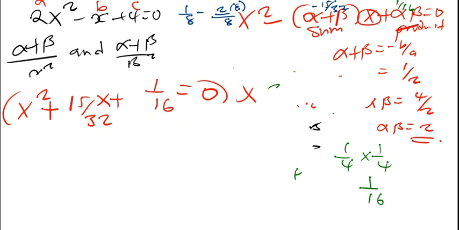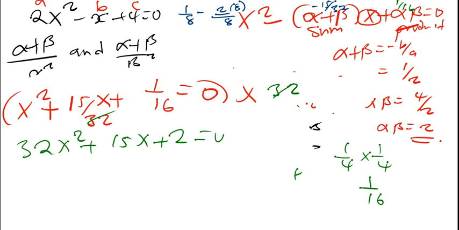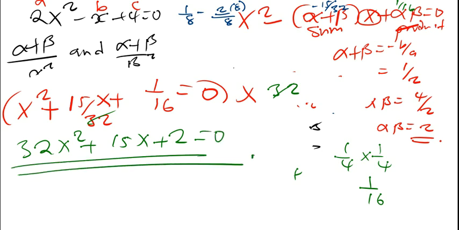I will multiply by 32 everywhere. 32 times x squared will be 32 x squared plus 15x plus 2 is equal to 0. That's the equation. Any question on how to find the equation?